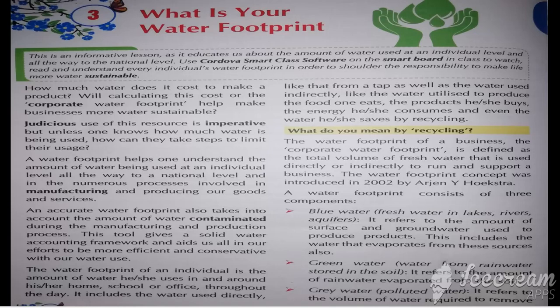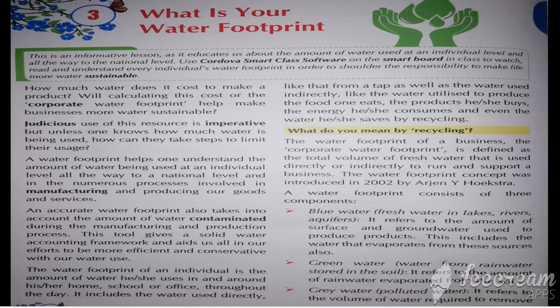Okay, with the help of these tools it gives us solid water accounting, meaning it gives us water accounting about the framework, about the structures, and aids us all in our efforts, we may say determined attempts, to be more efficient and conservative with our water use.